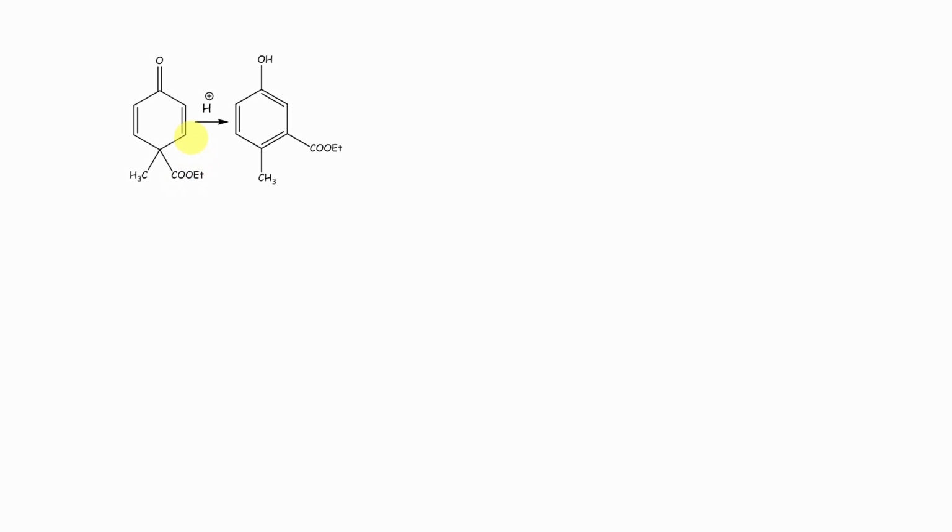Here a 1,2 shift of the electron withdrawing group, not the electron donating group, takes place to form this phenol. And so we will get this phenol, not this phenol. Usually when there is an electron withdrawing group and an electron donating group as the substituents in the dienone, only the electron withdrawing group migrates.